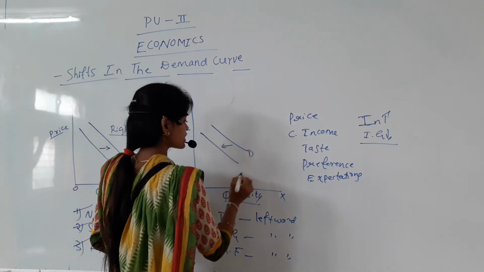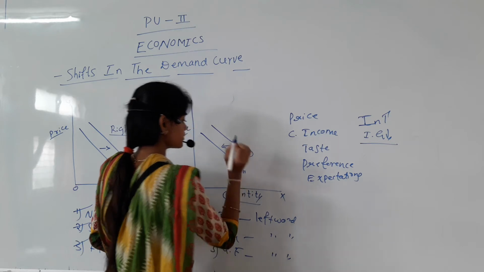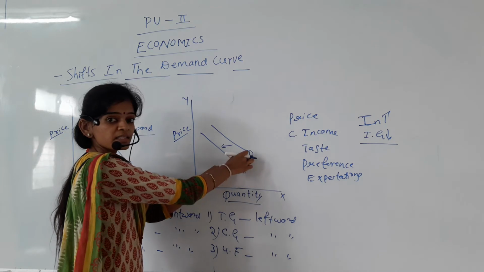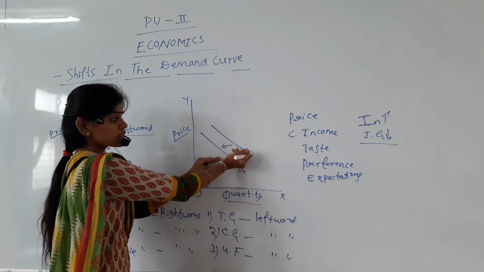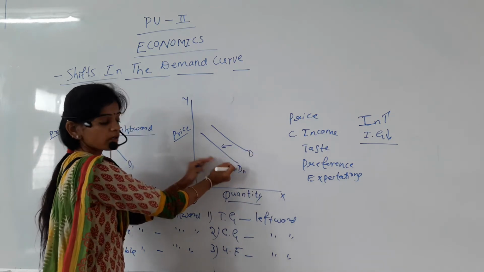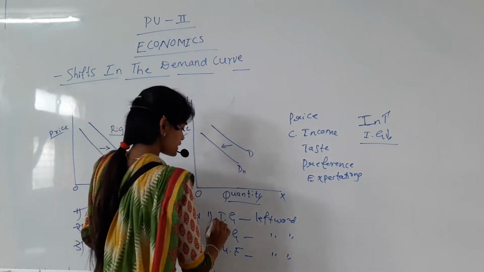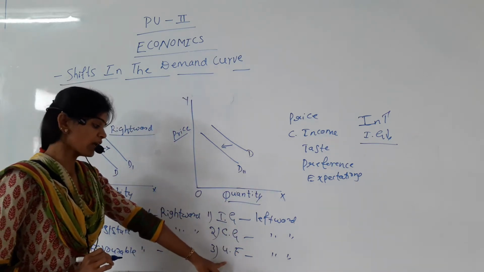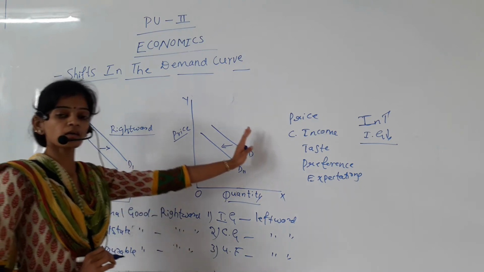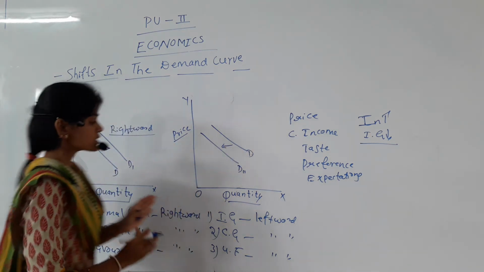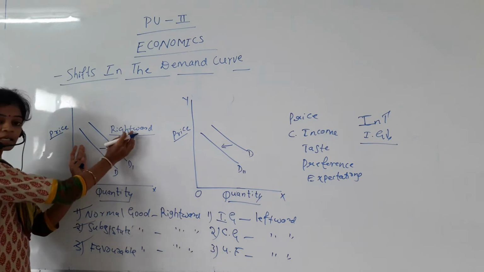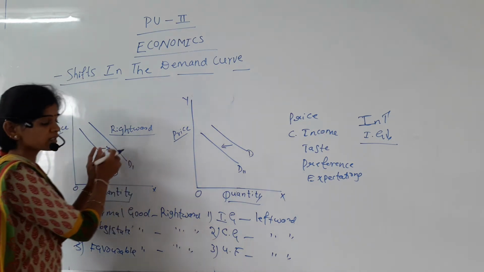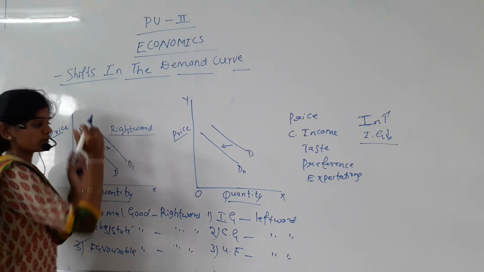Here the previous demand is D, and we are shifting the demand curve leftward to D double dash. In the case of inferior goods, complementary goods and unfavorable goods, the demand curve shifts to the leftward. In the rightward case, when income increases, purchasing power increases, so the demand curve shifts to the rightward.